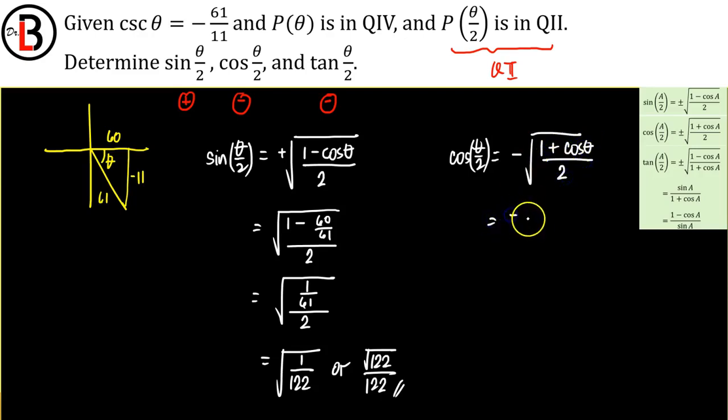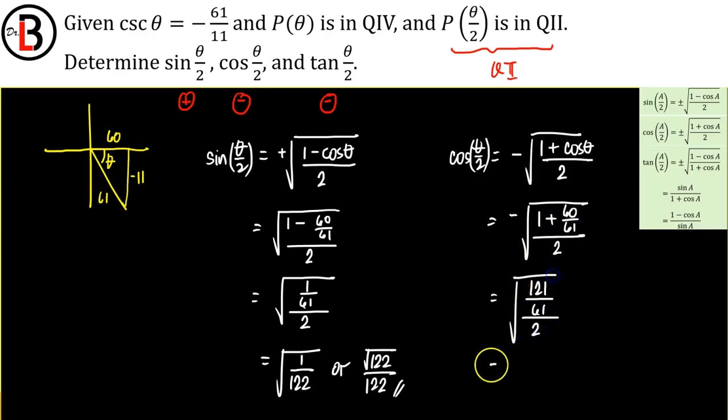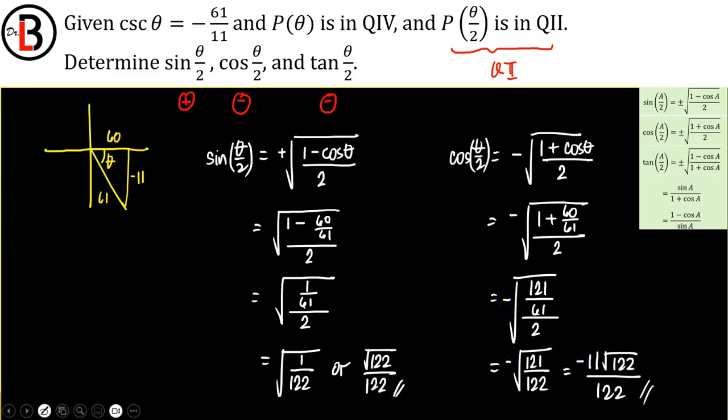So it's going to be negative 1 plus 60 over 61 all over 2, 121 over 61 all over 2, 121 over 122. So 121 is 11, square root of 122 all over 122. And then let's not forget the negative sign there.